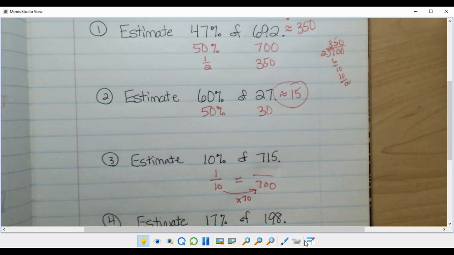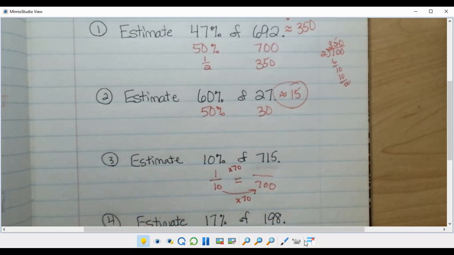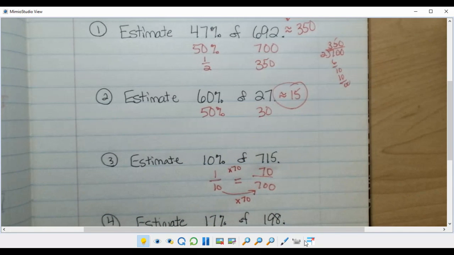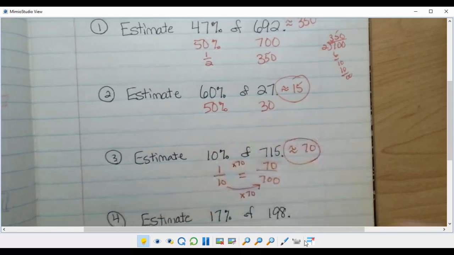I can multiply by 70. If I do that to the bottom, I have to do that to the top. 1 times 70 is 70. So I say that 10% of 715 is approximately 70. It's not exact, but it's really close. And that was some really fast math.